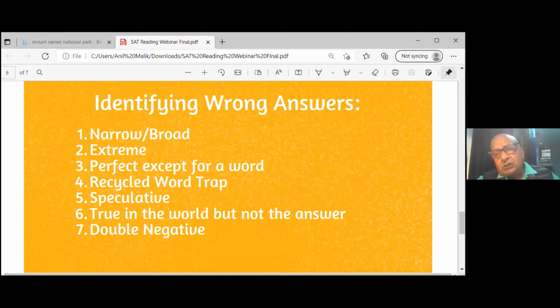The recycle word trap, a very popular trap. What he does is he picks up a shiny word from the text, something that shines, the Industrial Revolution, or hierarchical comfort. He picks it up from the text and puts it into an answer choice.